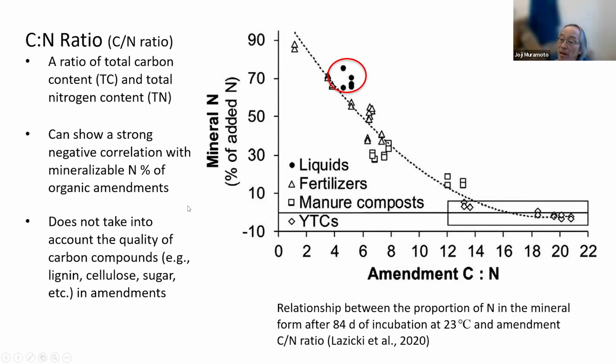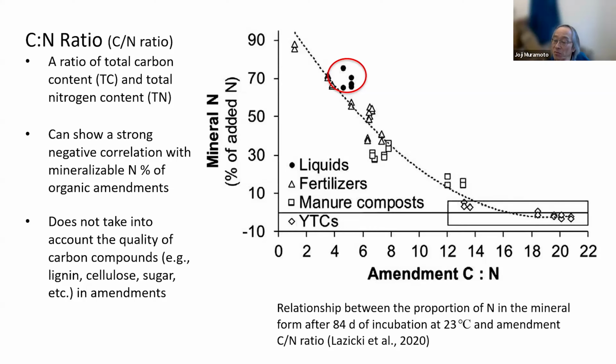It works among a certain type of organic fertilizer, like this example, but it depends on the organic material. For instance, different crop residues might have different carbon compounds and may show a different kind of relationship between C:N and mineralization. So C:N ratio is just an indicator.